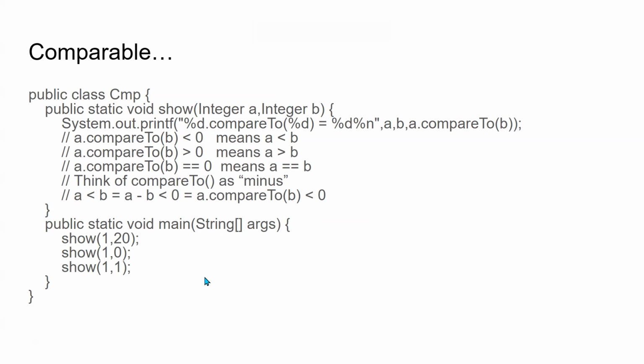Here's the comparable class that we saw before, and we remember how that works. We get an integer a and b, and each of these things implements comparable. And so we can compare them using this compareTo method, which returns less than 0 for less than, greater than 0 for greater than, and 0 for equal to.